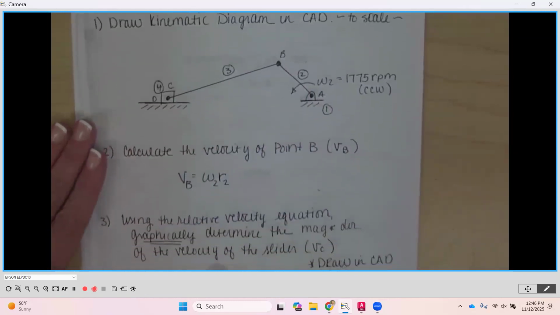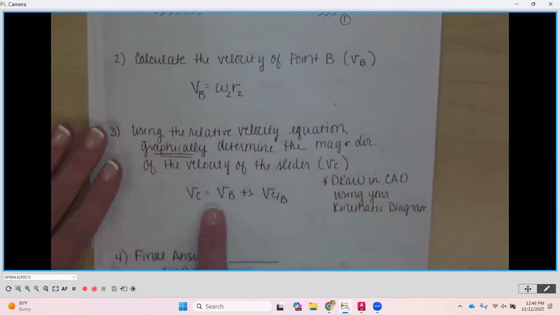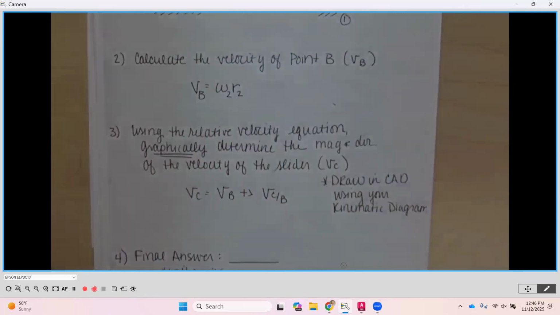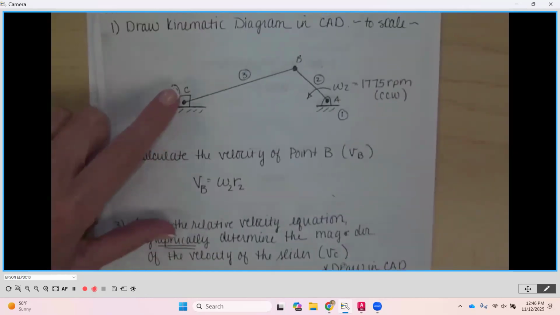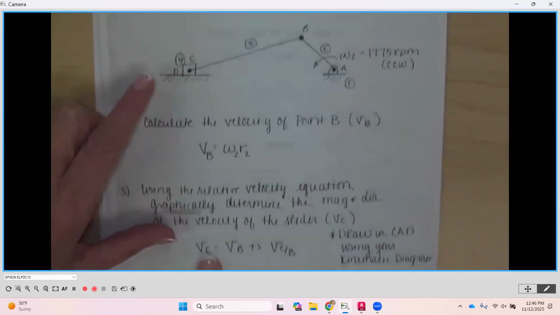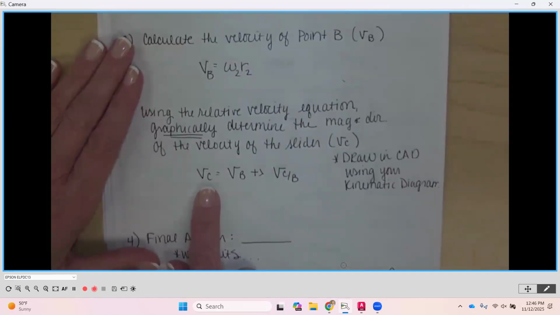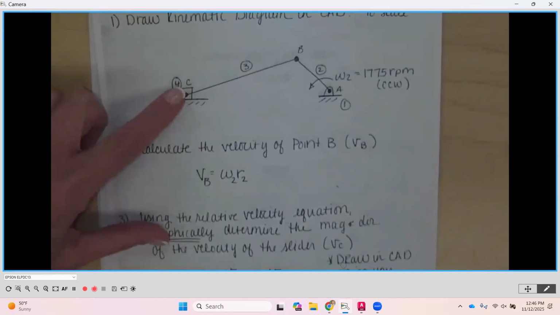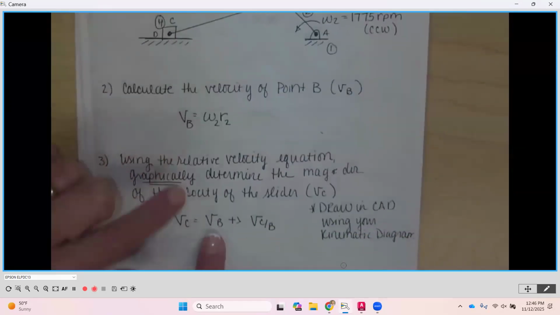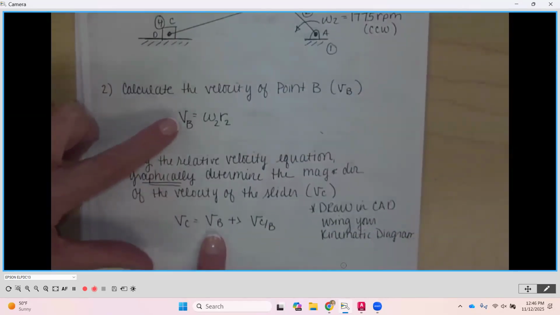Then the next step is, and I'm going to go down here first, we're going to use that relative velocity equation to find out what is the velocity of our piston. And our piston is going to be this slider, okay? So the velocity of C, because that's going to be the center of our piston, is going to be equal to the velocity of B. We're going to be able to calculate its magnitude and we're going to know its direction.